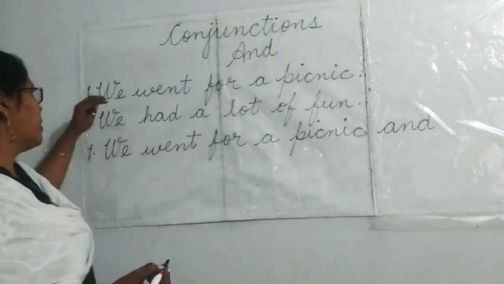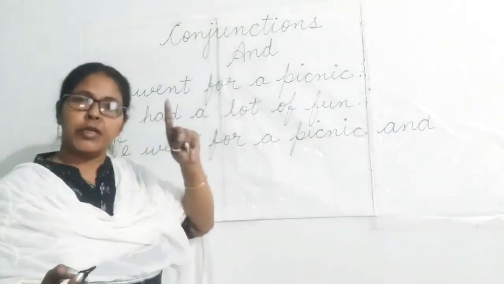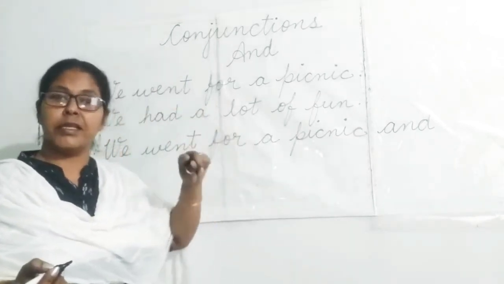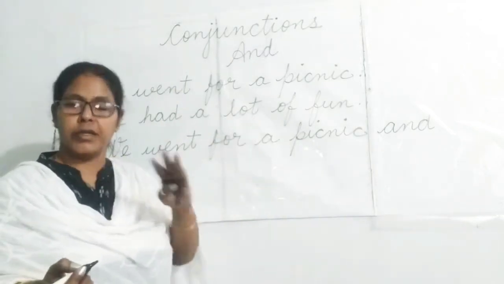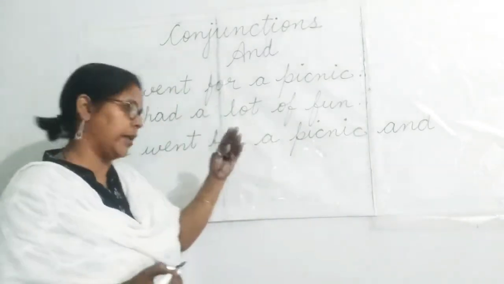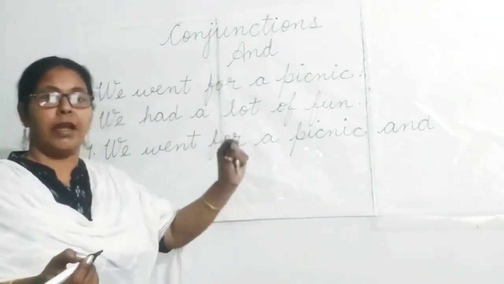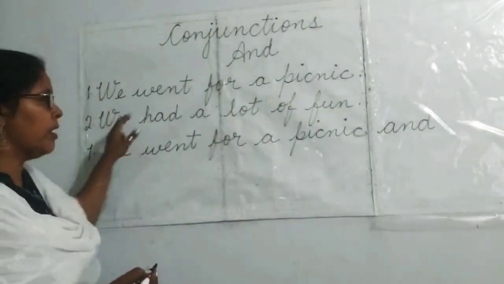Now, if there are two sentences starting with we, the first sentence you will write exactly with we only. But the second sentence you are not going to write we. Okay? You have to cut it off and then start with a small letter and write it down. So here we don't have to write we after and.